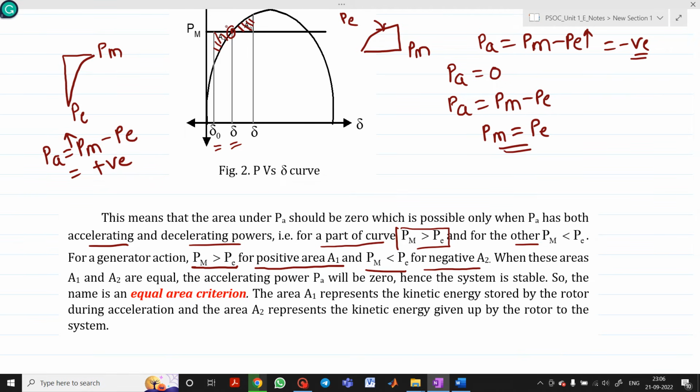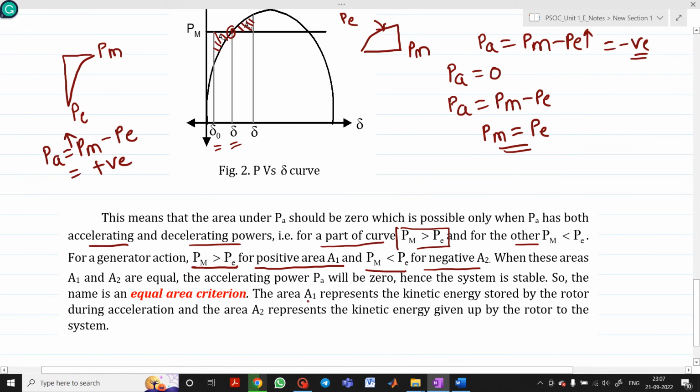So what can we say from this diagram? The system is stable if the area under the P delta curve reduces to 0 at some value of delta. Or in other words, the positive, that is accelerating, area under the P delta curve must be equal to the negative, that is deaccelerating, area of the P delta curve. This is called the equal area criteria.